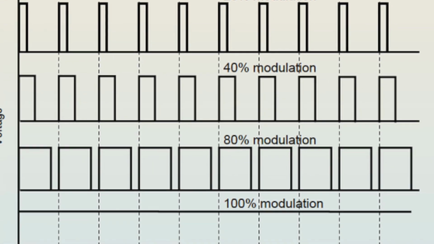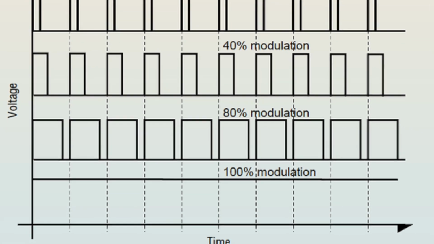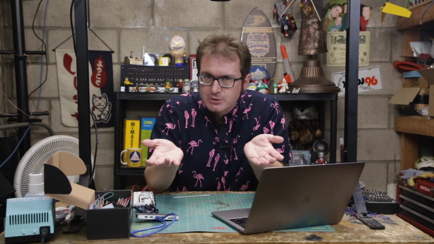And then if it's on for half the time, it's 2.5 volts. Now, the duration of this on time is called the pulse width. Now, to get various analog values, we change or we modulate that pulse width, hence pulse width modulation.